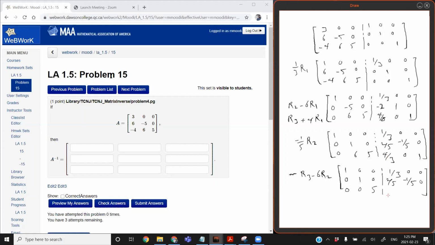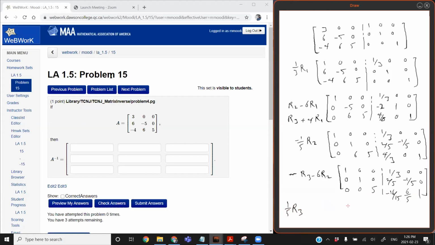That is negative 16 over 15. And negative 6 times this is just 6 over 5. Added to 0 is 6 over 5. And this one does not change. And the last thing I have to do is row 3 times 1 over 5.